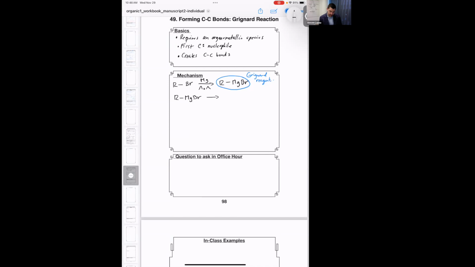A resonance form you could draw is putting these two electrons onto the R, effectively breaking the carbon-magnesium bond. When you do that, it's really clear that the R negative has a nucleophilic character. But we usually don't draw this as R minus in any kind of mechanism.